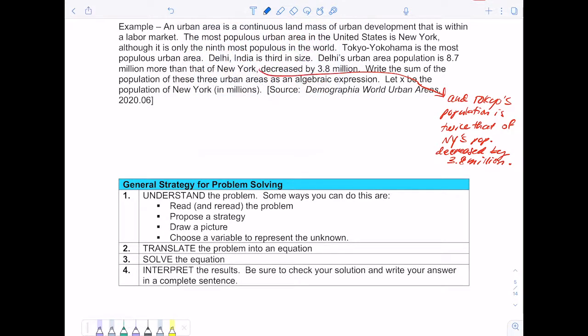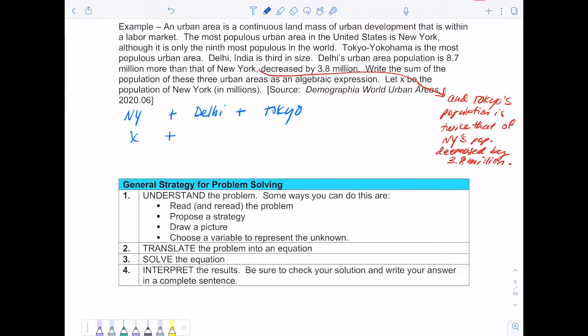Okay, so I'm looking for, again, sum means to add. I've got New York plus Delhi, India, plus Tokyo. So it told me that New York's population should be represented by X. So now I need to convert Delhi's population in terms of X. It says Delhi's urban area population is 8.7 million more than that of New York.